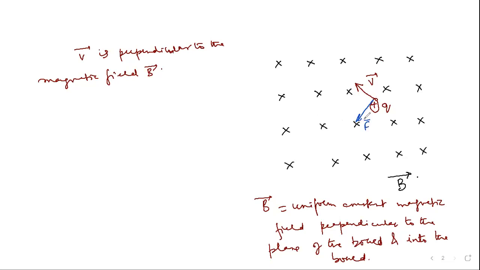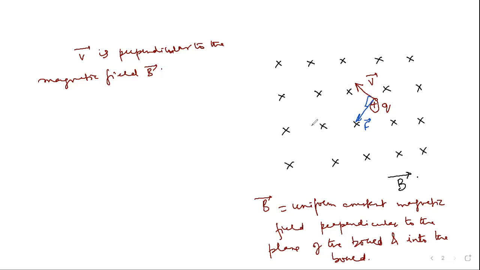And that force will be perpendicular to velocity as well as perpendicular to the magnetic field. How? F will lie in the plane of the board and it will be perpendicular to V. Since B is perpendicular to the plane of the board, it will be also perpendicular to magnetic field B, right? So V is this way, B is downward. When you use the right hand stick rule, you do the V cross B, then magnetic force will be this way.